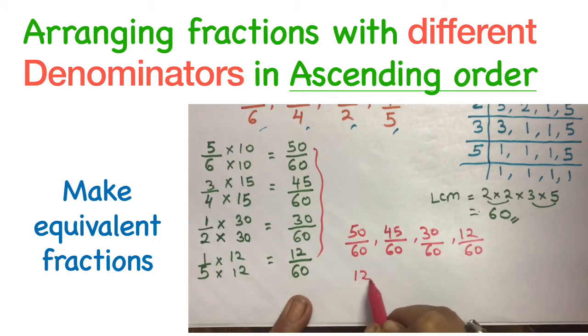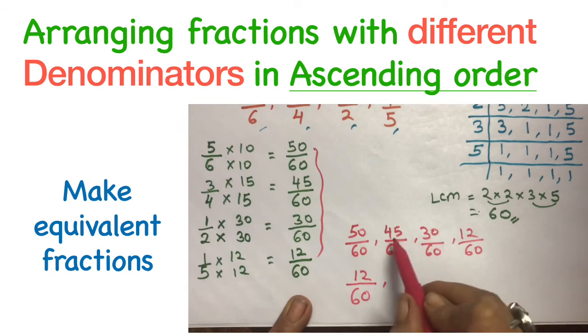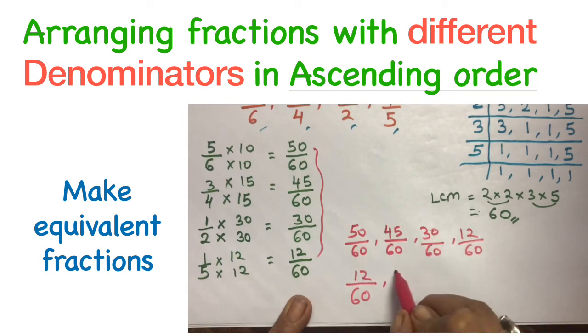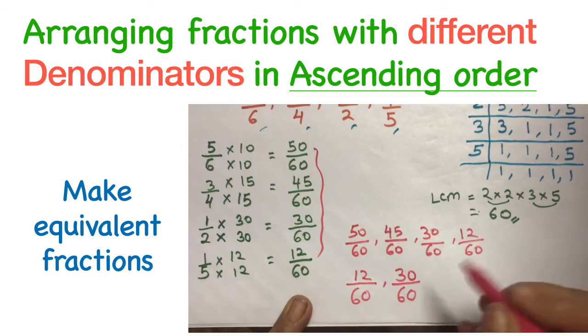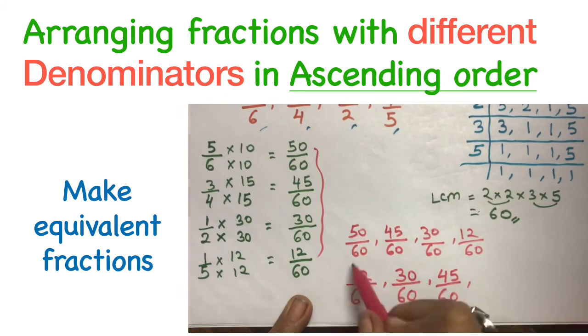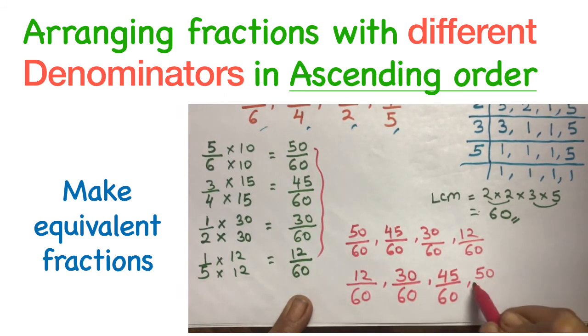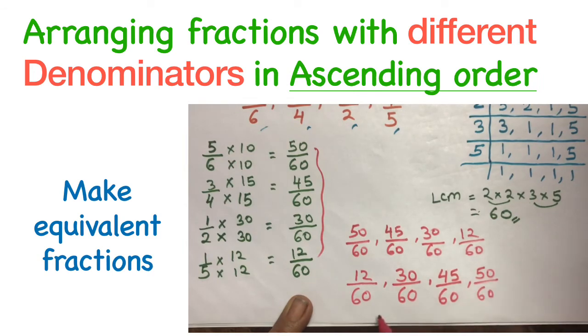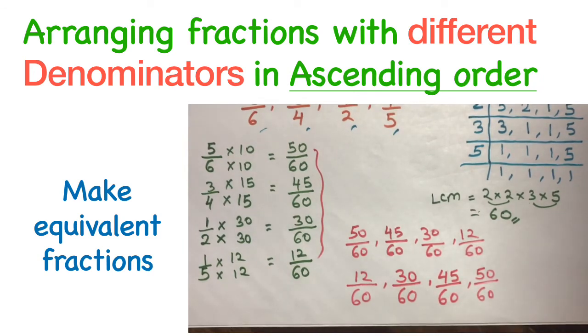So this comes first. Remaining 3, 30 is the smaller number, so this comes here. Now 45 by 60 and this is 50 by 60. So this is in ascending order.